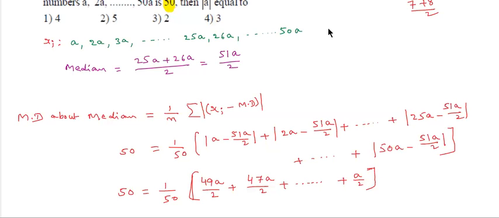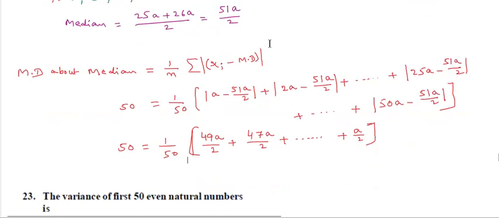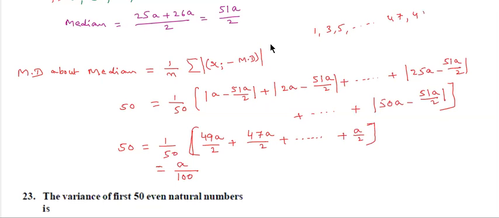See, what is common here? A by 2 is common. A by 2 into 49, 47 and so on, 1, 3, 5 and so on up to 47, 49.